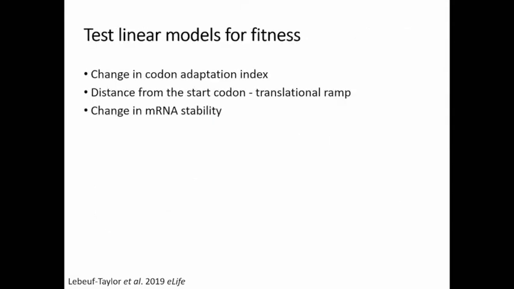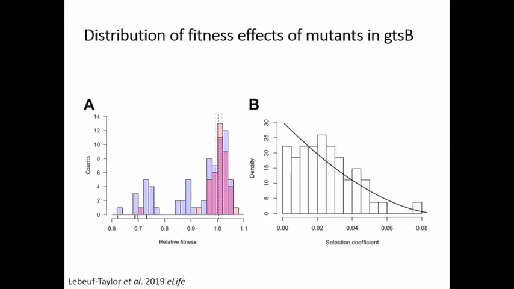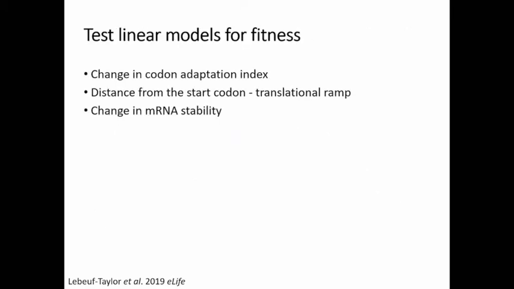Okay, so we took those 100-something mutations and their fitness effects, and we tried to see if we could find some variables that would explain variation in those fitness effects. Things we tested were change in codon adaptation index and distance from the start codon.